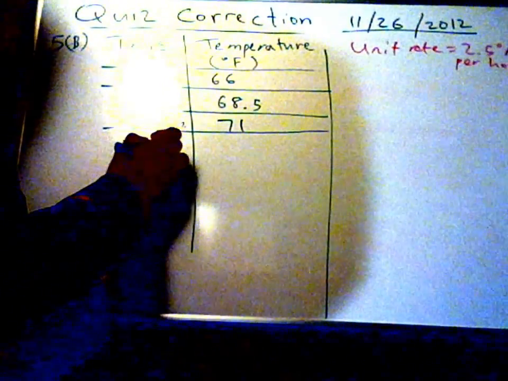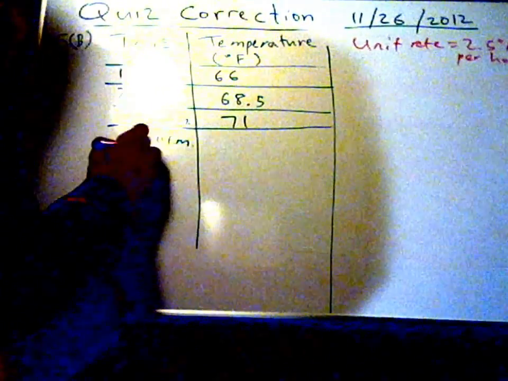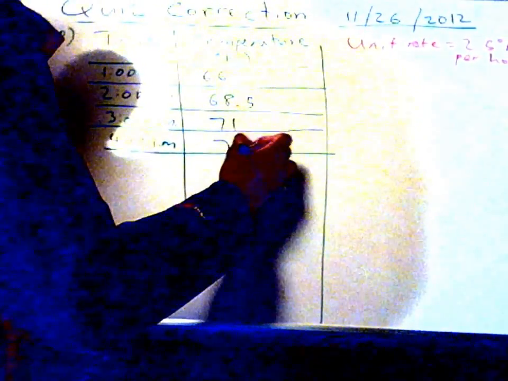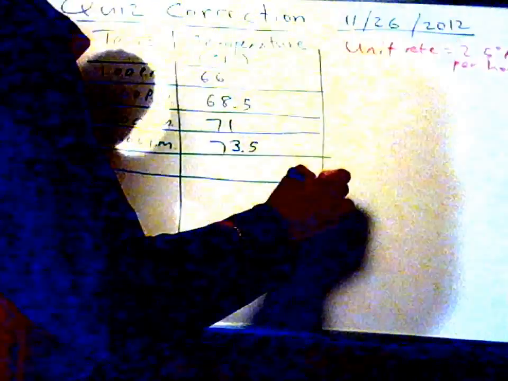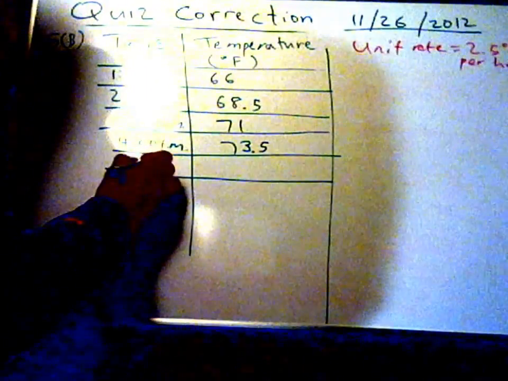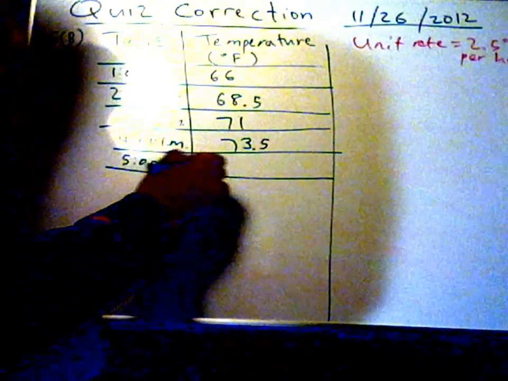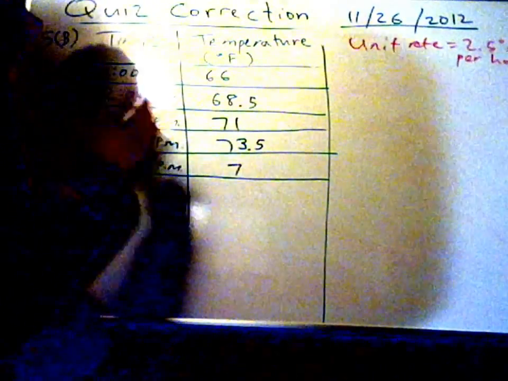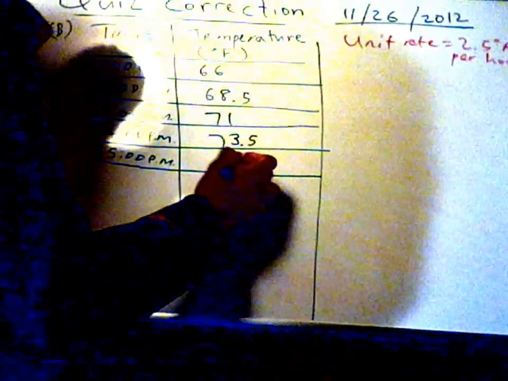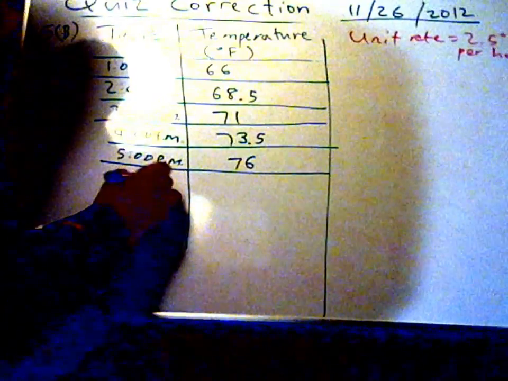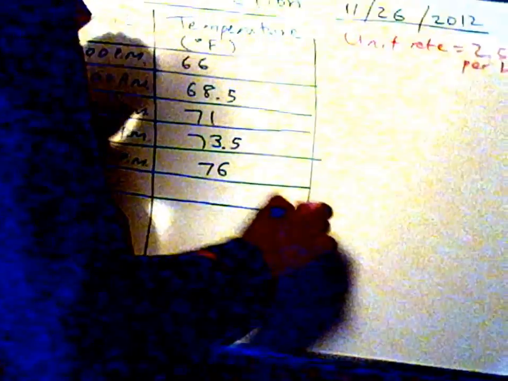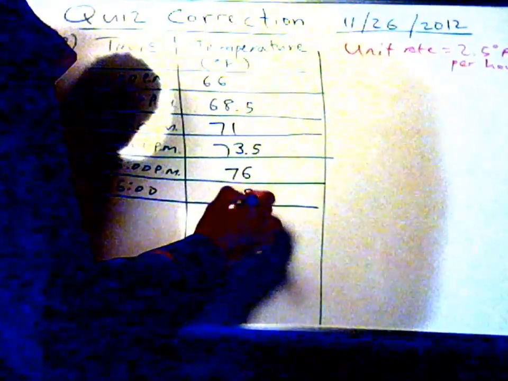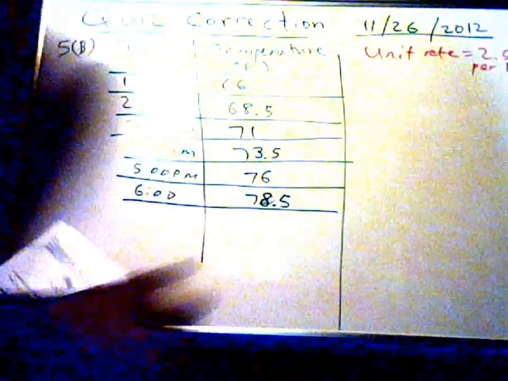At 4 p.m. temperature would be 73.5. At 5 p.m. temperature would be, like you expected, 76. And at 6 p.m. temperature is going to be 78.5, just like they gave us, okay?